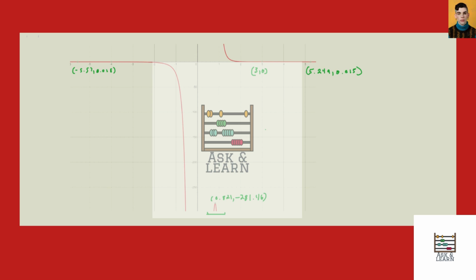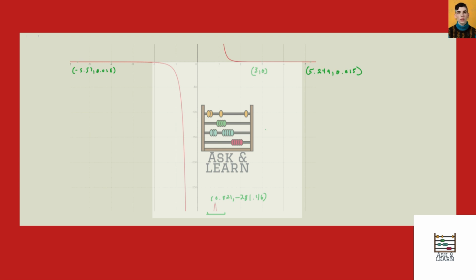So I went ahead and estimated these points, and we have that at 0.821, negative 28146, we have a local max.